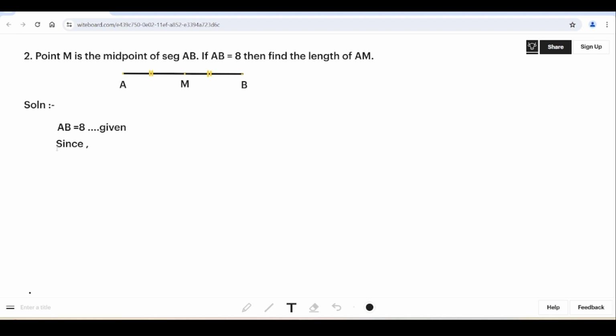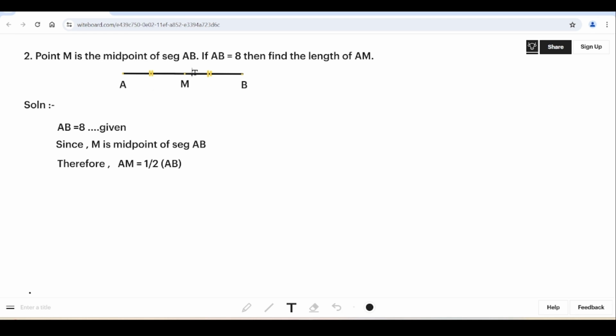Now, since M is the midpoint of segment AB, therefore AM is equal to 1 by 2, that is half of segment AB, right?